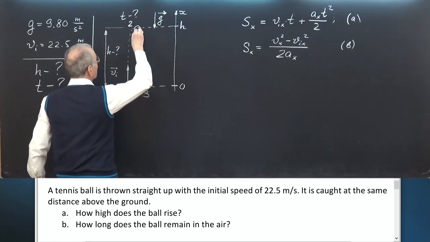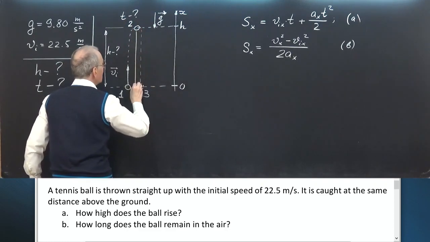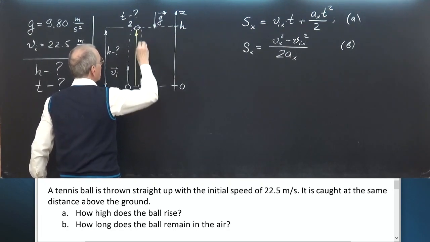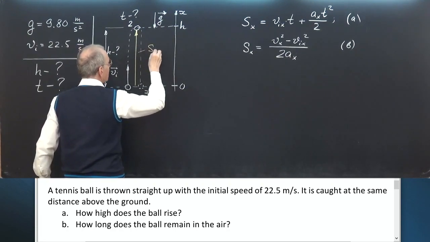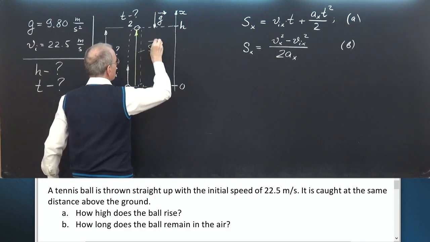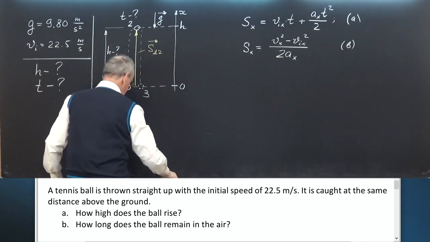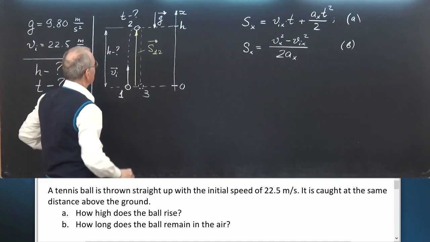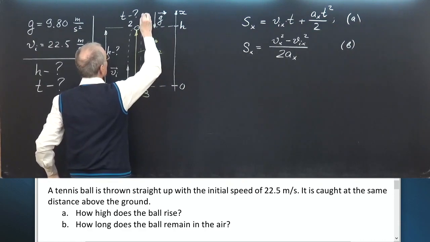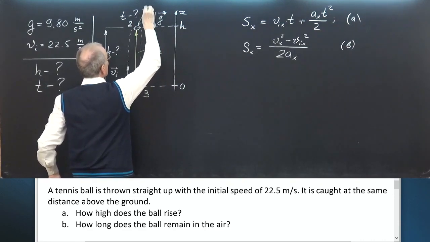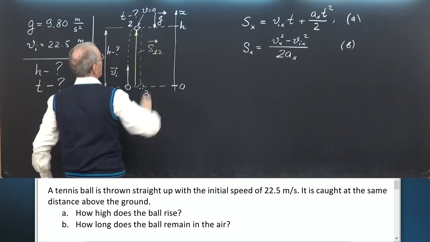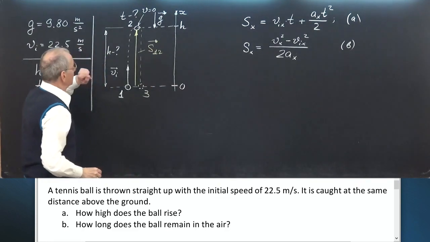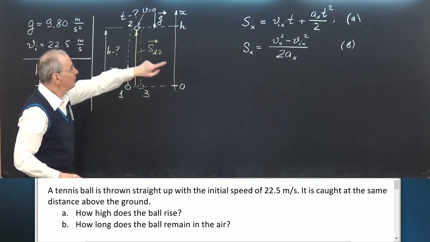So S1,2 vector. We know that here the speed of the ball is 0. So let's use the B formula.